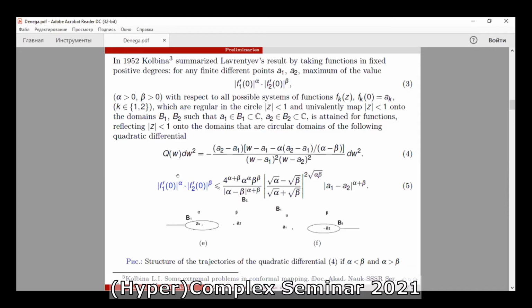Equality in this inequality is attained for domains that are circular domains of the quadratic differentials 4. In the pictures E and F, we have this situation.